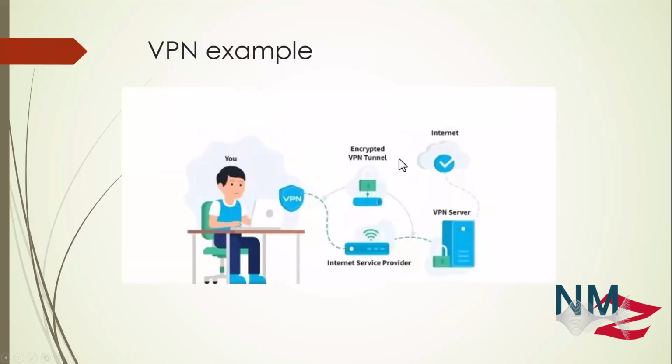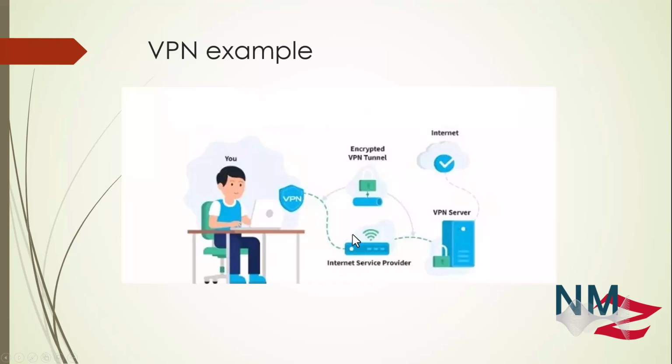For example, in this picture you can see the VPN. This PC is using the VPN software, any VPN software. There is a lot of VPN software on the internet you can search and find, and then it's connected to the internet service provider.